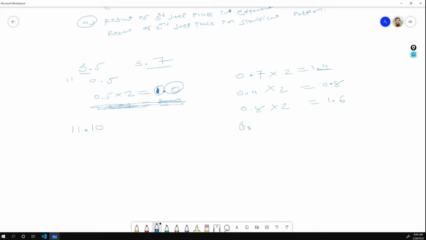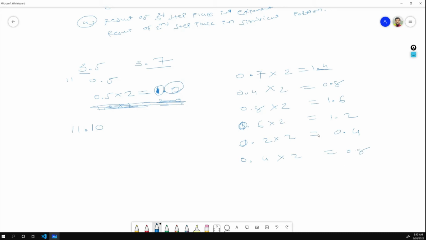Then 0.6 multiplied by 2 is 1.2. Then 0.2 multiplied by 2 is 0.4. Here 0.4 multiplied by 2 is 0.8.